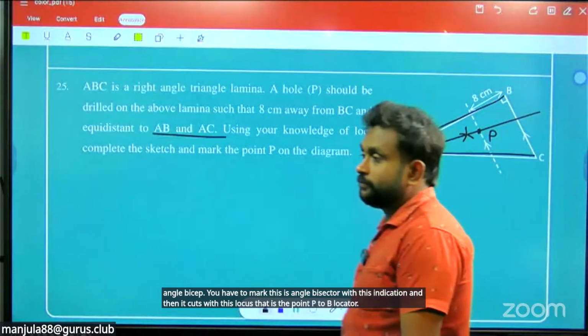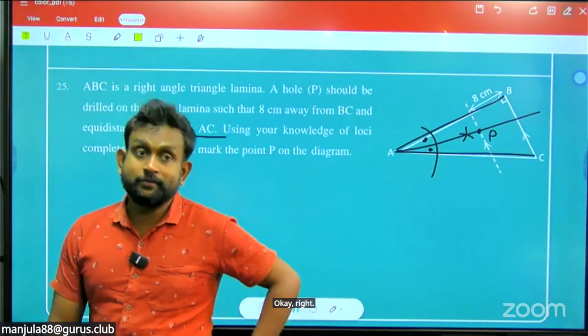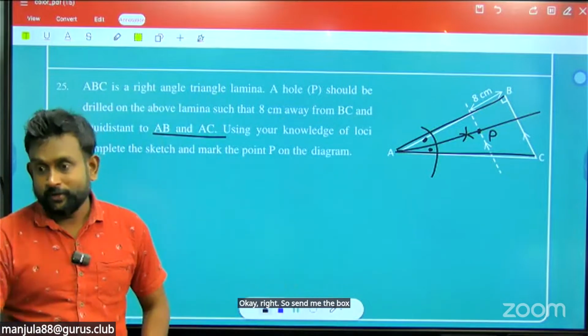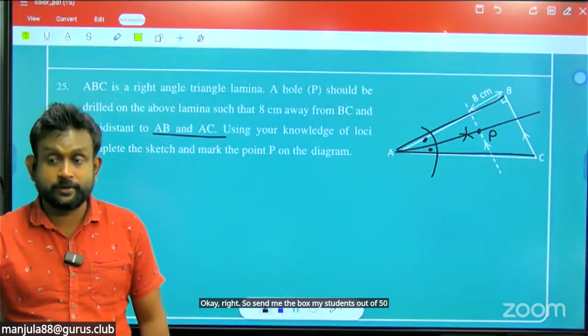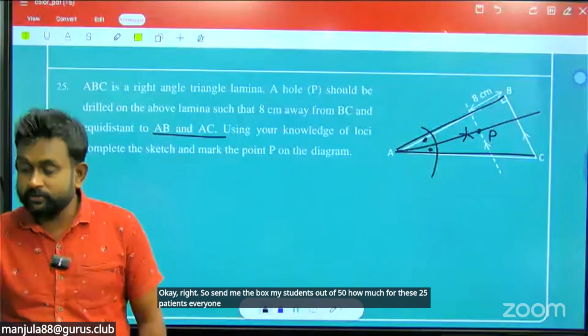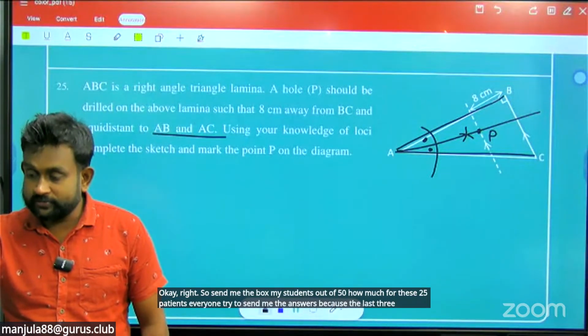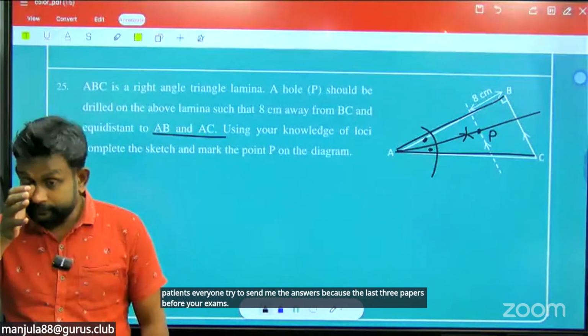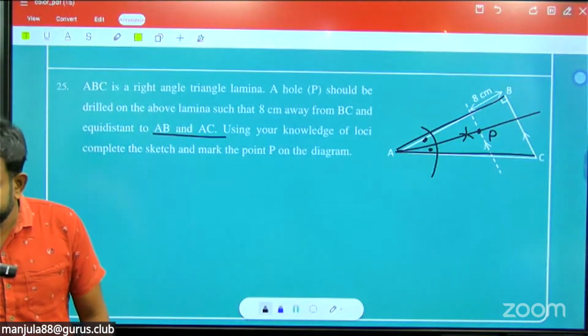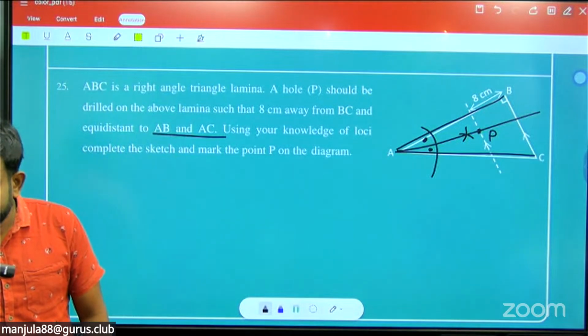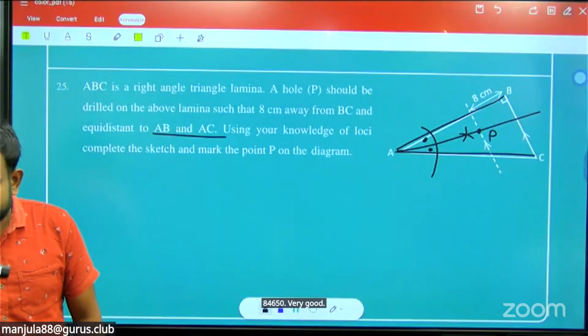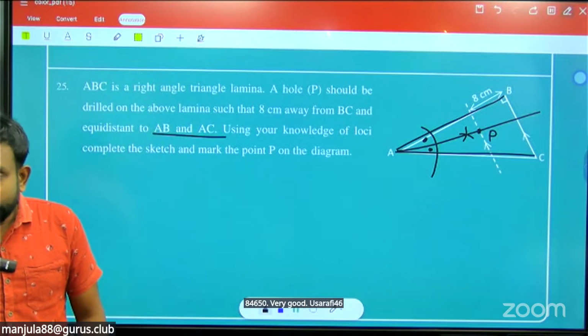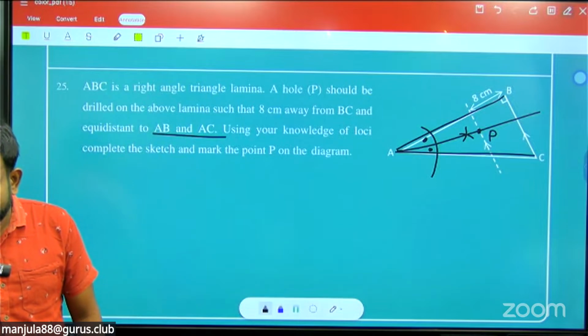Okay, right. So send me the marks, my students, out of 50, how much for these 25 questions. Everyone try to send me the answers because these are the last 3 papers before your exams. Okay, 46, 50, very good. Usara 46, good. 48, Osita, 45, Anushi.